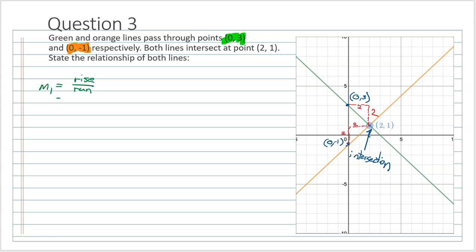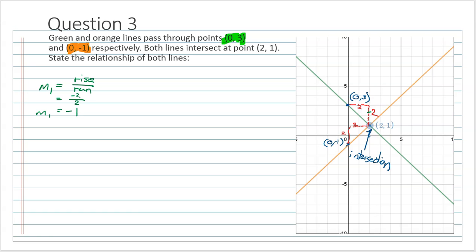And notice for this particular one, we went across by 2 and then we went down by 2. So the run itself is going to be 2. But the rise is going to be negative 2 because we went downwards. So m1 is going to be negative 2 over 2, which is the same as writing negative 1.